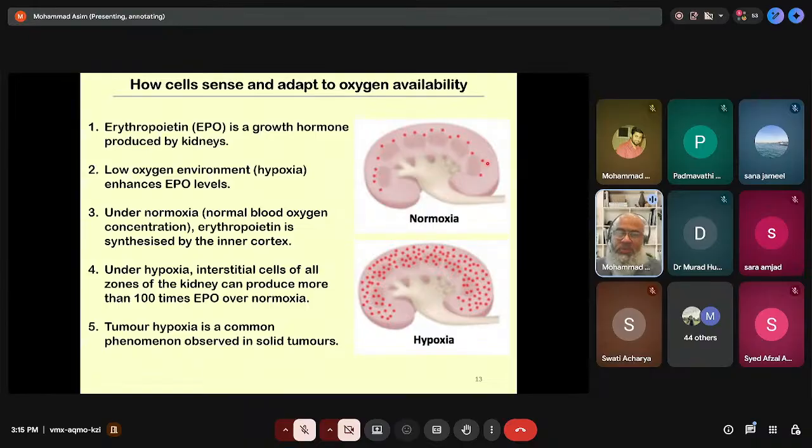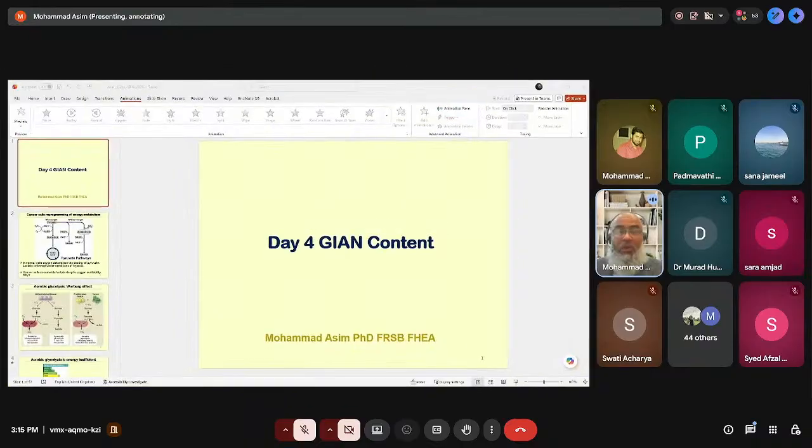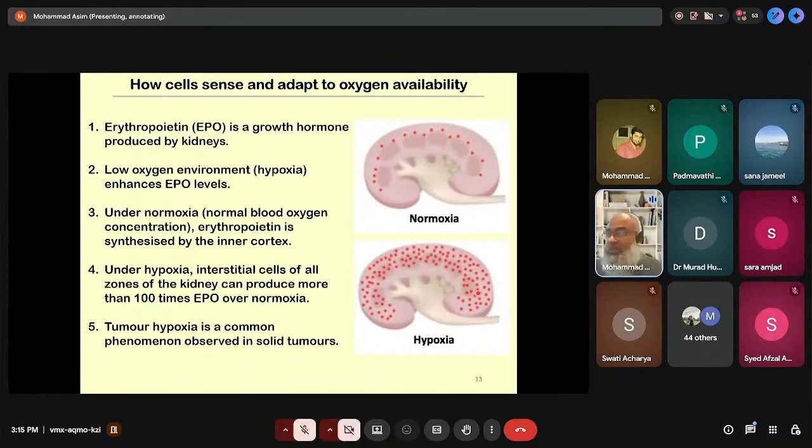What happens if someone is experiencing extensive hypoxia, or individuals going to high altitude, for example, where oxygen is less, or individuals, of course, in cancer, as a result of hypoxia, the body will try to counter the effects of hypoxia.